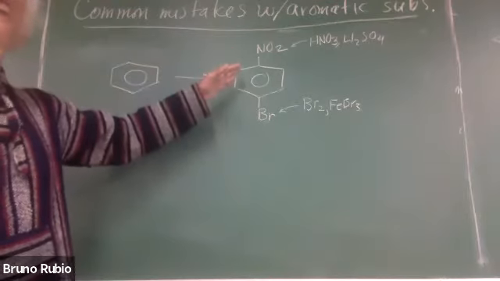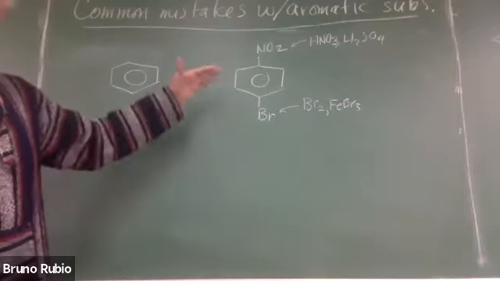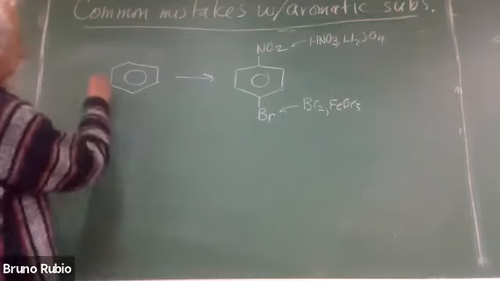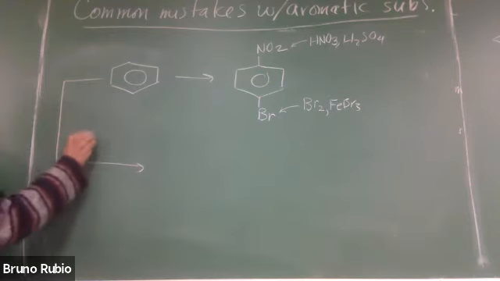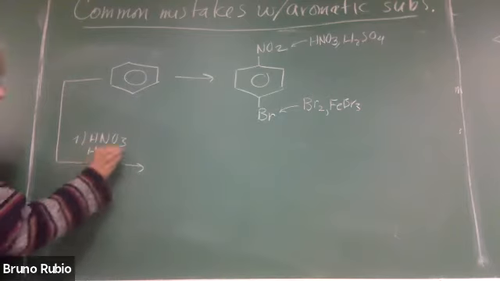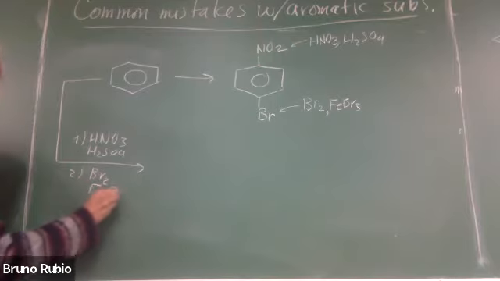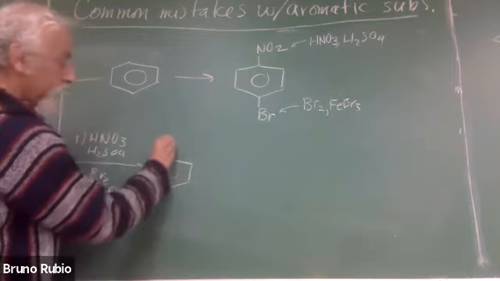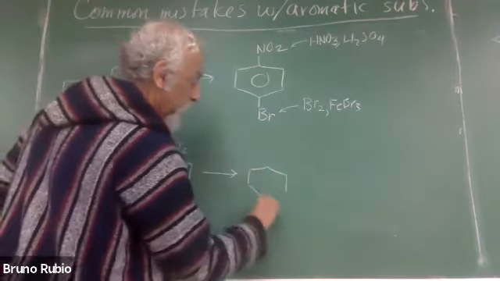I can't nitrate first because nitro is a meta-director. And so if I nitrate first and then brominate, I'm going to get the wrong regioisomer. So if I take this guy and nitrate, and then brominate, I'm going to put the nitro group on first, and then the nitro group is a meta-director.